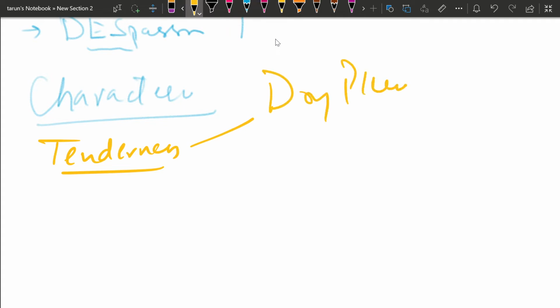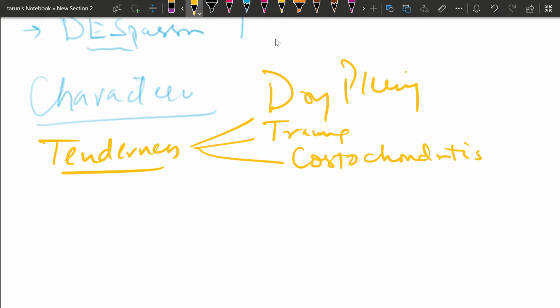Then if there is trauma, trauma can cause tenderness on the chest, dry pleurisy can cause tenderness on the chest. Then costochondritis can cause tenderness on the chest.